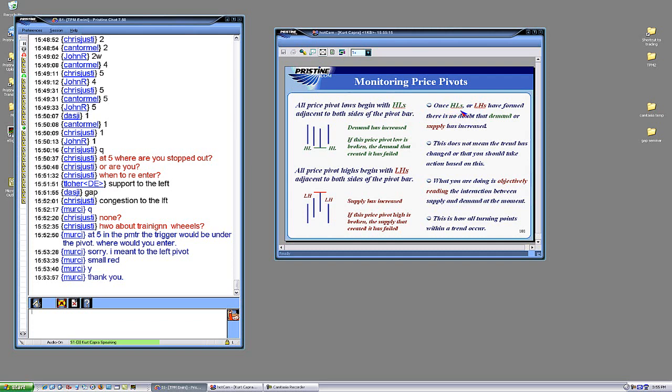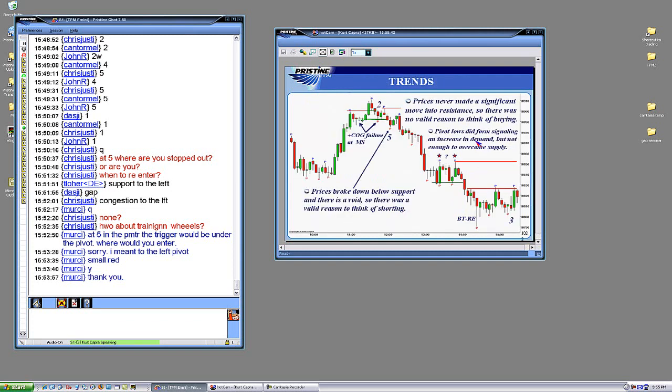So once higher lows or lower highs have formed, there's no doubt that supply or demand has increased. It does not mean, though, that the trend has changed or that we need to take action yet. What we're going to do is objectively read what's going on between the supply and demand at any one given moment in time. And this is how all turning points within a trend happen.